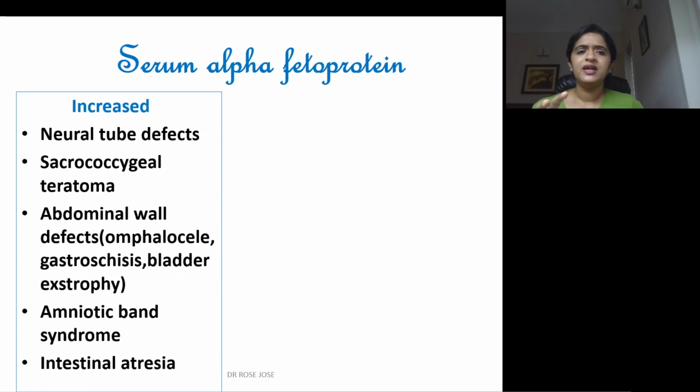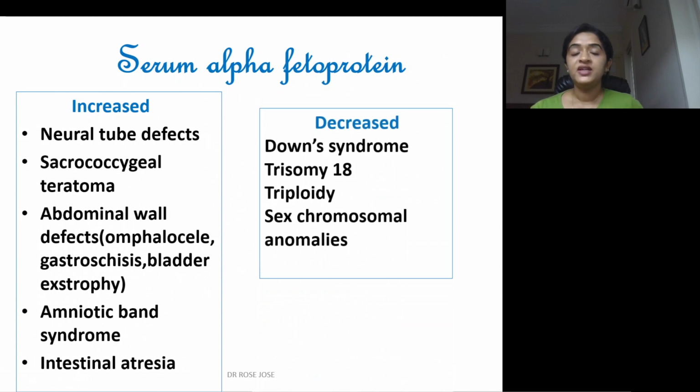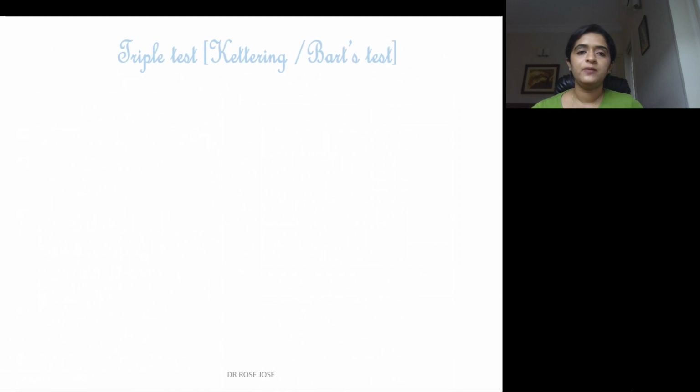You can see that the neural tube defects, sacrococcygeal teratoma, and almost all the rest are abdominal conditions. So in all these conditions you have a raised level of alpha fetoprotein. But where will you get a decreased level? It is seen in Down syndrome, trisomy 18, triploidy, sex chromosomal anomalies. So the conditions dealing with the chromosomes have a decreased level of alpha fetoprotein.